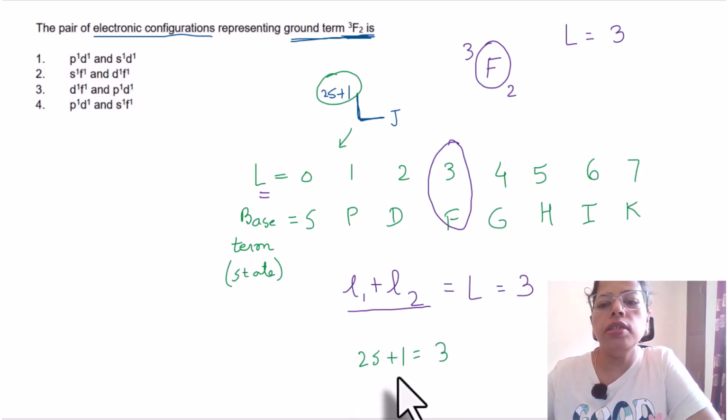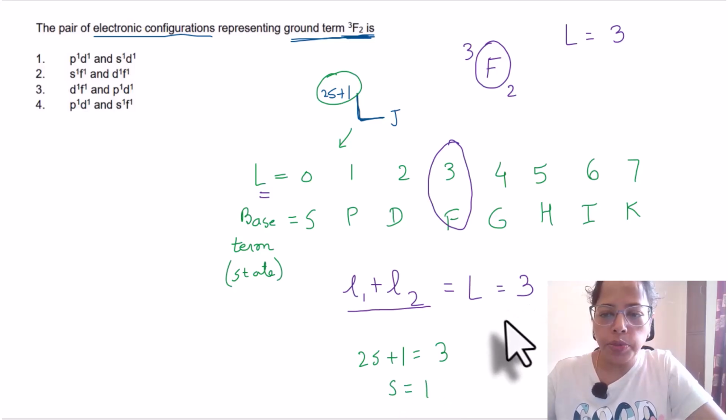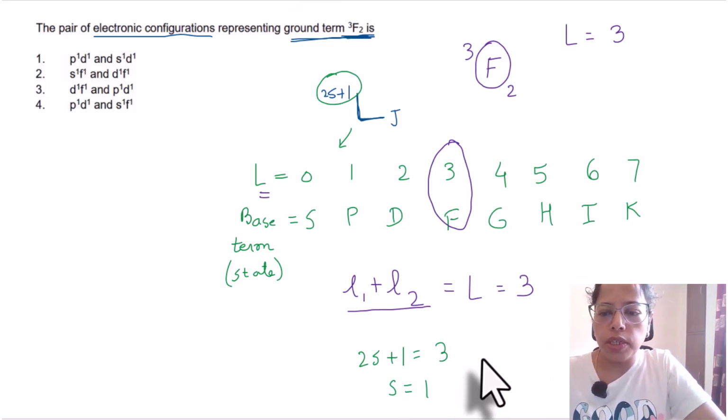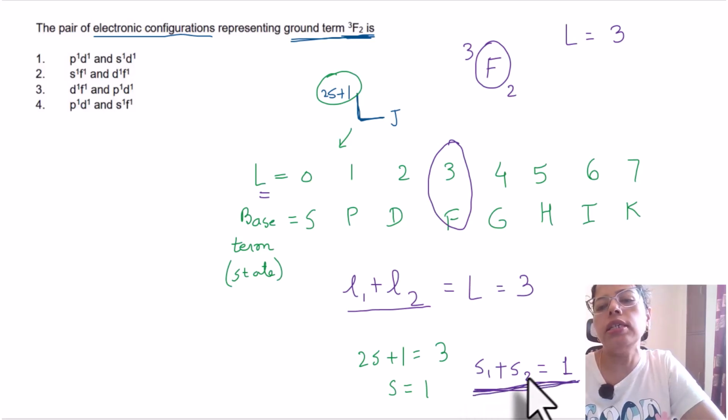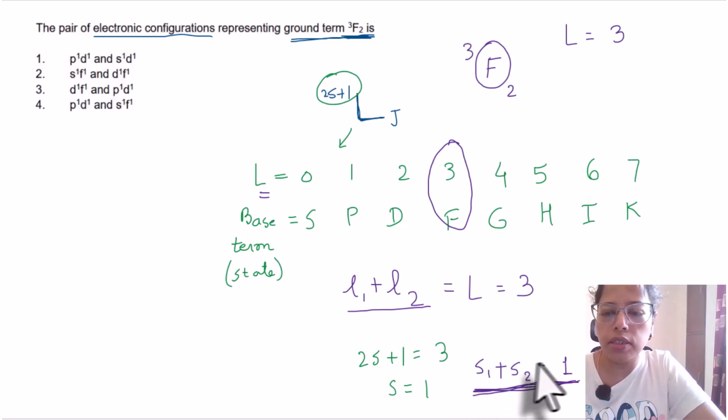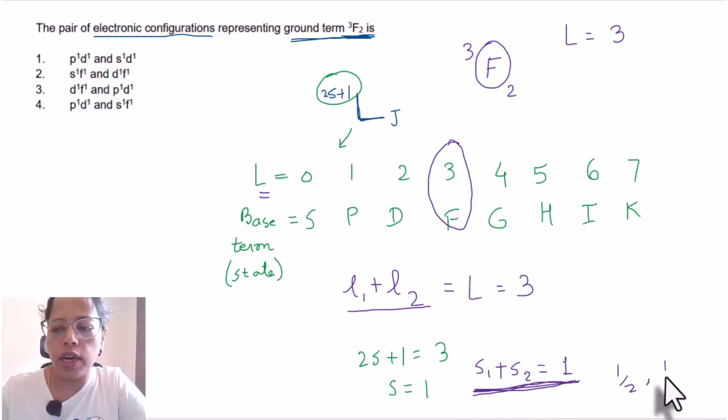That is, the multiplicity has been given as 3. So S becomes how much? S becomes 1. That means the individual spins, S1 plus S2, is equal to 1. That is the summation of the individual spins corresponding to each pair of configurations is equal to 1. That means each spin should be half and half.